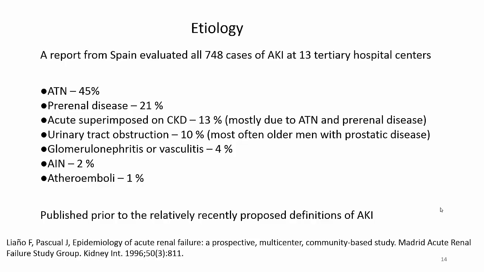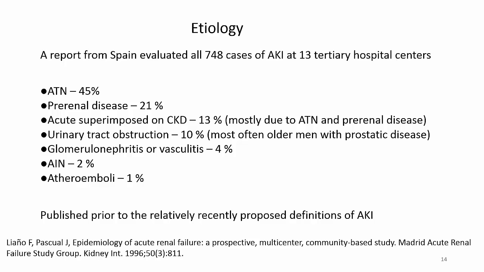What is the etiology? We always think about it as ATN until proven otherwise, and that's actually for a good reason, because it is almost always ATN until proven otherwise. Estimates vary, but at least half of the patients will probably have ATN. We should also think about other causes of acute kidney injury, like vasculitis and AIN, which is pretty rare, and we often overestimate AIN for some reason. We often start discontinuing medication and changing things around for AIN, but estimates put it at only 1 to 3% of acute kidney injury causes.